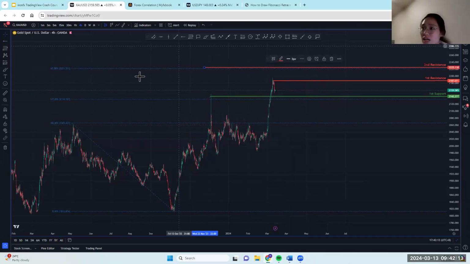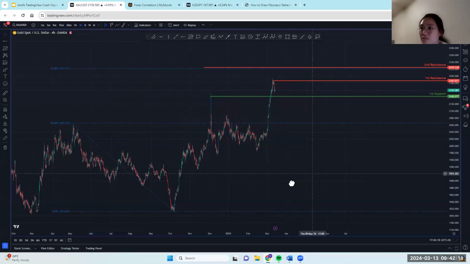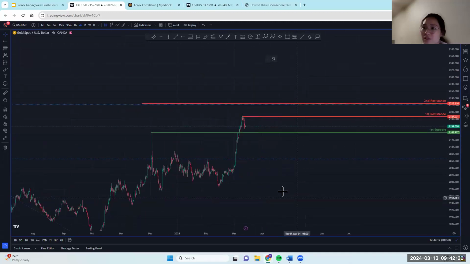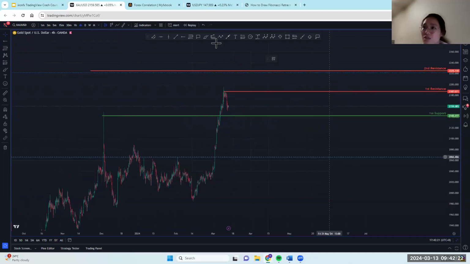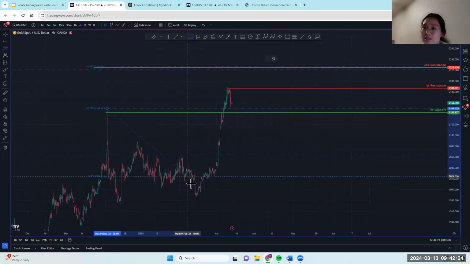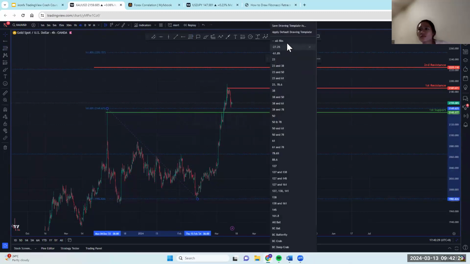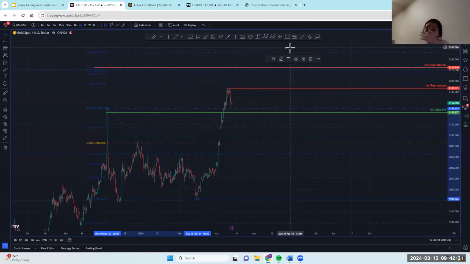So I'm just going to be highlighting this 161.8. Okay, zooming in, I'm gonna use the same technique over here. Okay, you can see the 127.2 lines up nicely with my first resistance.